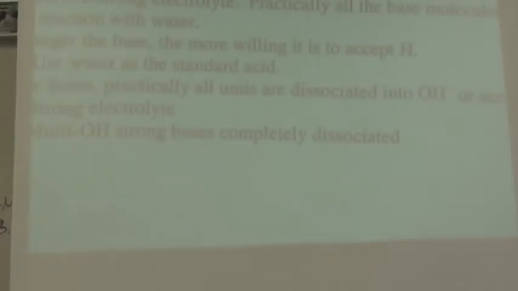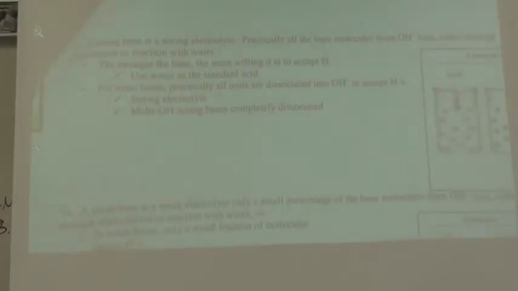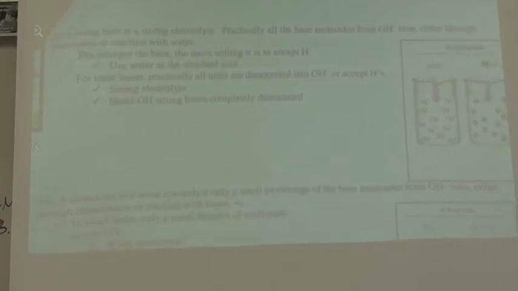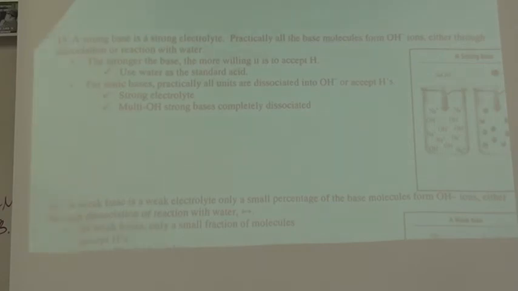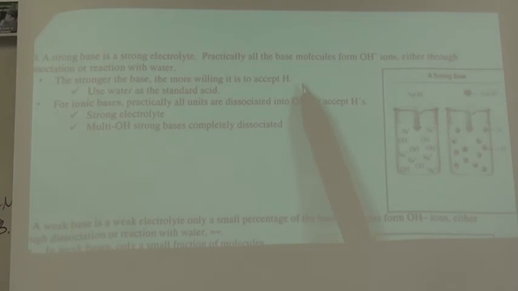All right. Now, fortunately for us, strong base totally follows the same thing as a strong acid. A strong base is a strong electrolyte. Almost all of a strong base will ionize. The stronger the base, the more willing it is to accept a hydrogen ion.